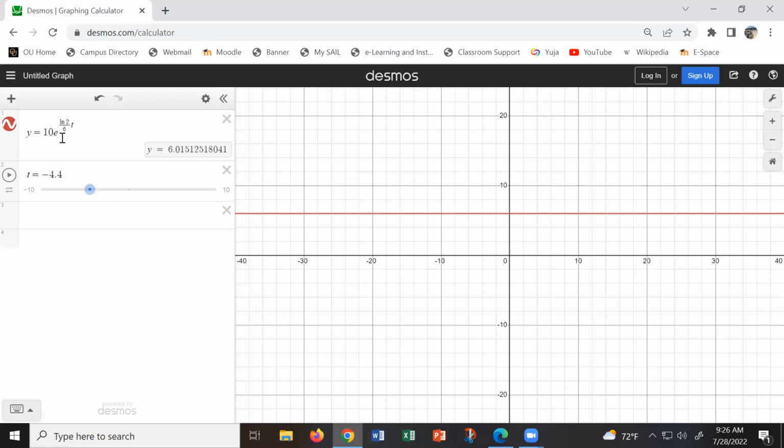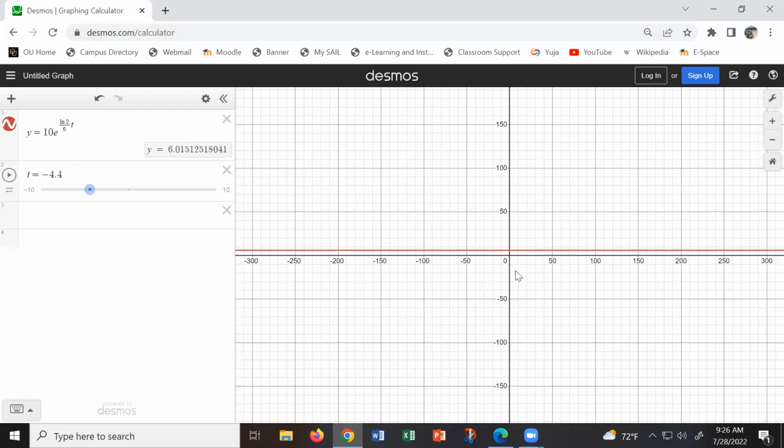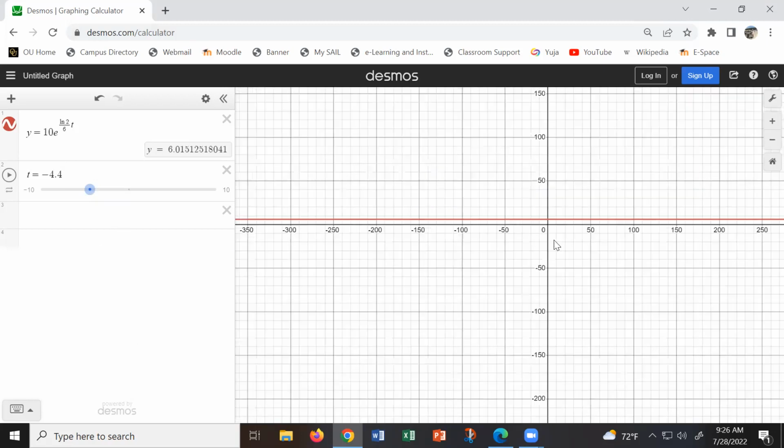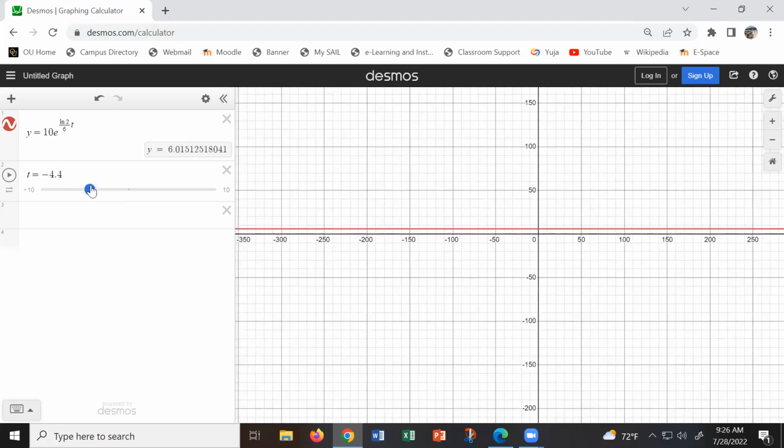E to the, all right. I'm still not happy with it, why is it a straight line? It's the exponential.